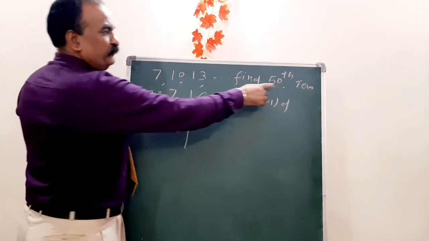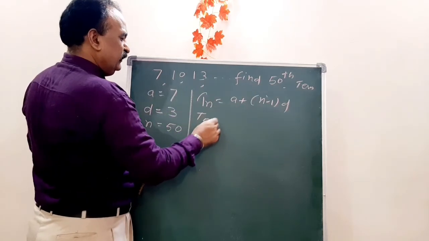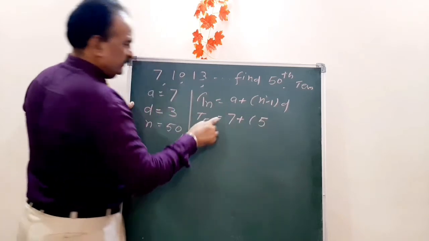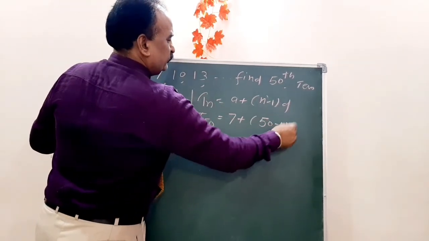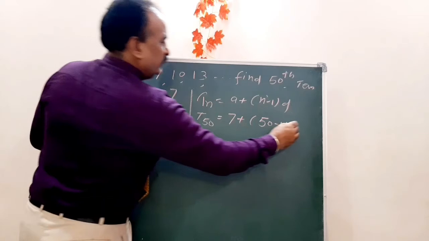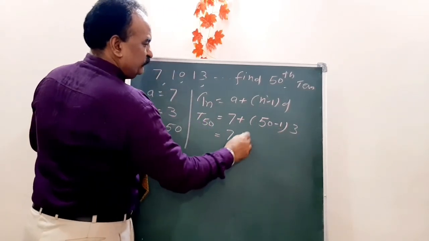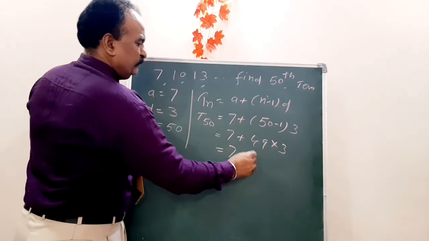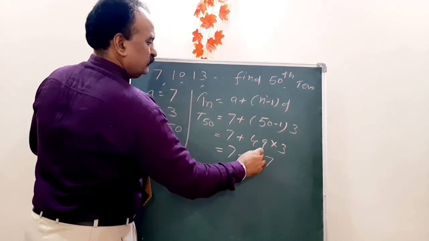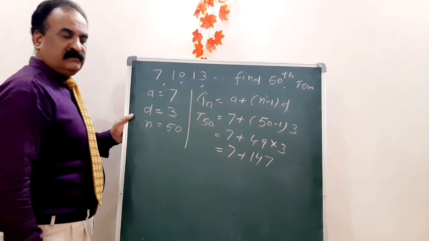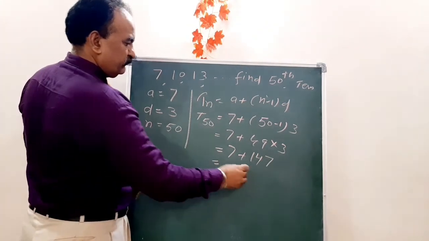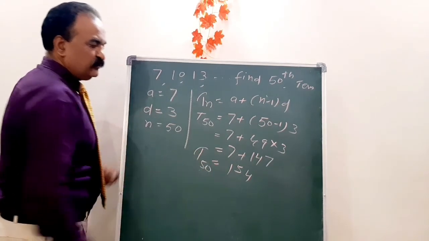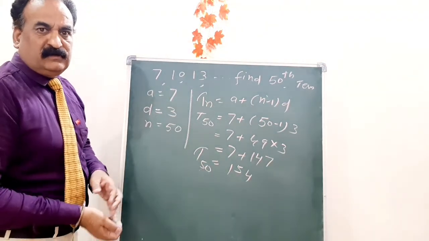So T58 is equal to a, 7, plus 58 minus 1, and the common difference is 3. It means 7 plus 57 into 3, which is 7 plus 171. So the 58th term is equal to 178.